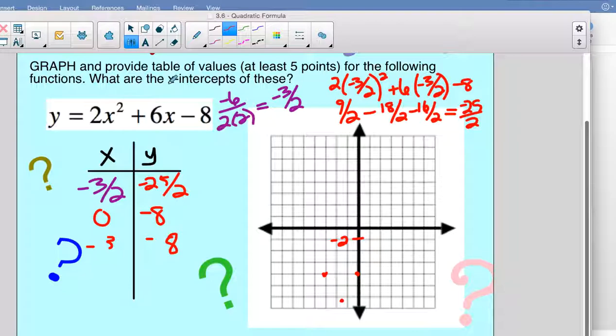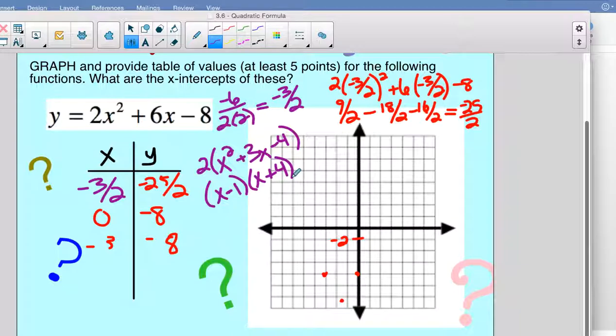Now you just need 2 more points, and it asks you for the x-intercepts, so you can get the x-intercepts, which honestly you could just factor it. They both have a 2 in common. So if I pulled out a 2, that would leave me with x squared plus 3x minus 4. Which would factor into x minus 1 and x plus 4.